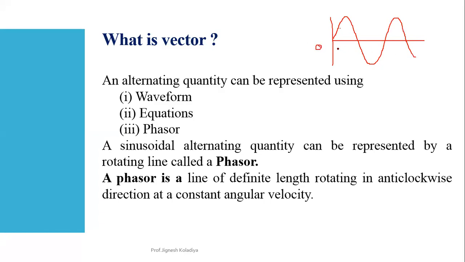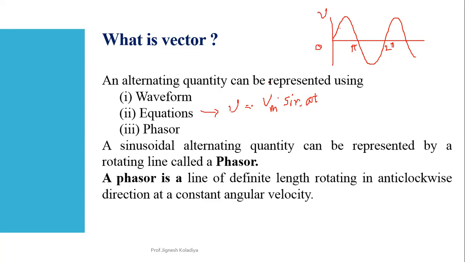Okay, 0, then pi, and this is 2 pi, one cycle. The same thing you can represent by the equation. If this is voltage, then we can write V is equal to Vm sine theta, or sine omega t, or sine 2 pi ft, whatever. So by using the equation or the waveform, we can represent this alternating quantity.